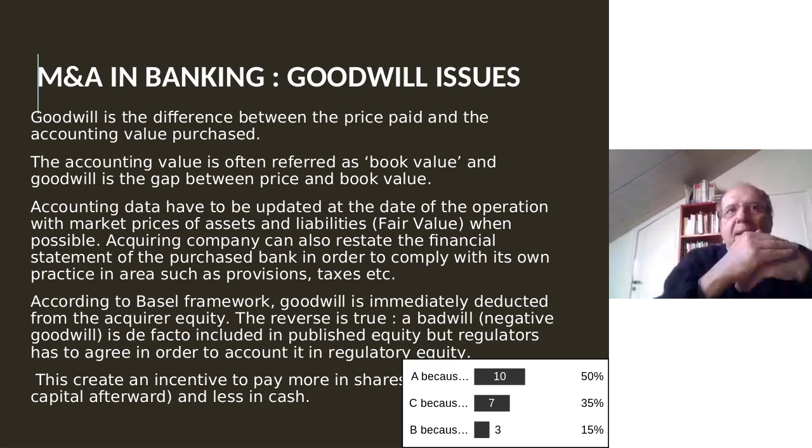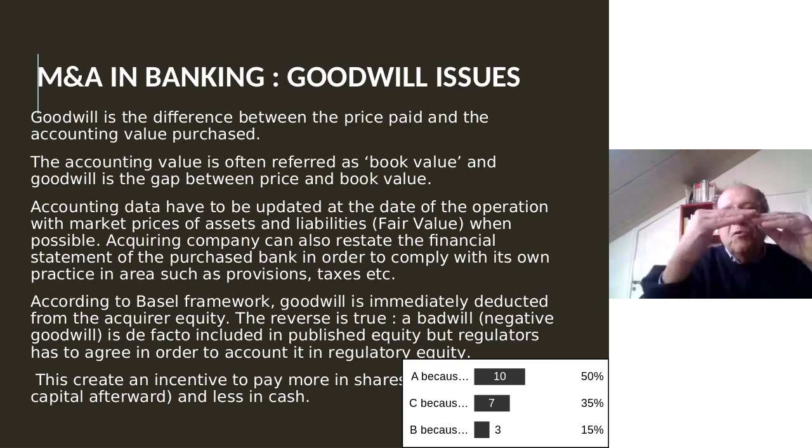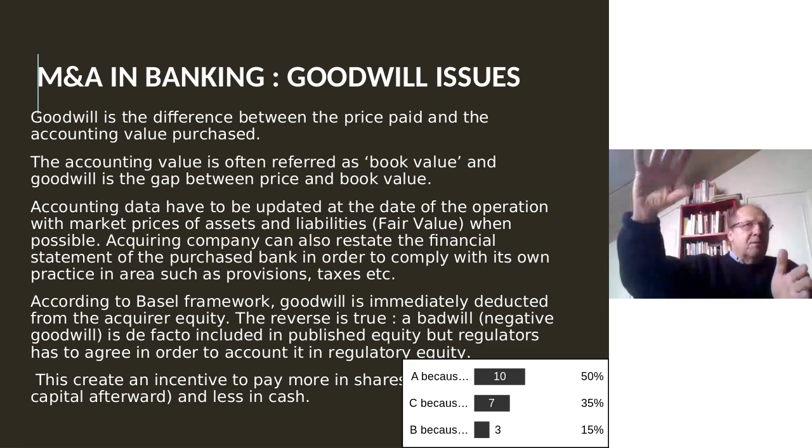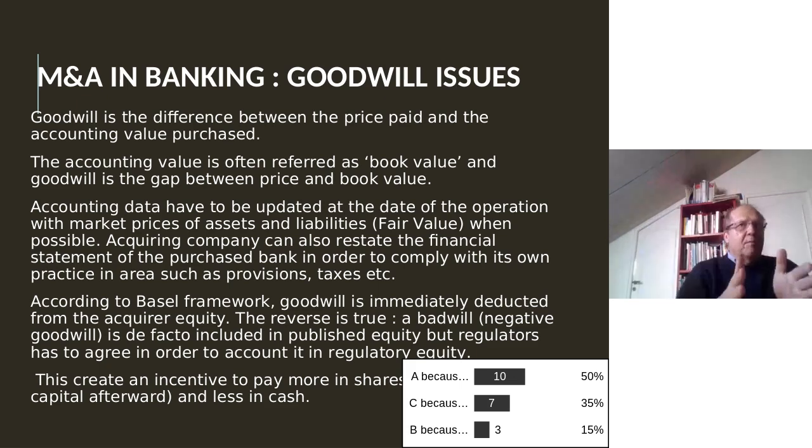So maybe in order to make an acquisition of 2, you need to be at 12 or 13 or 14. So you need to have more equity. So the main lesson is always remember that goodwill is deducted because goodwill is an estimation by the management at the time of the acquisition of what could be the future merits, the future benefits, the future profit.